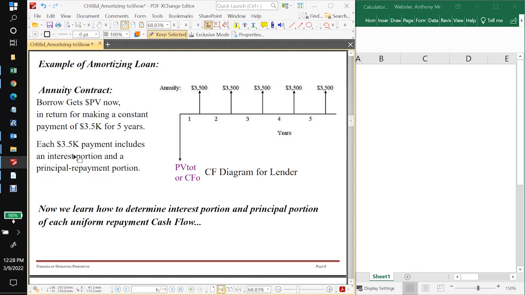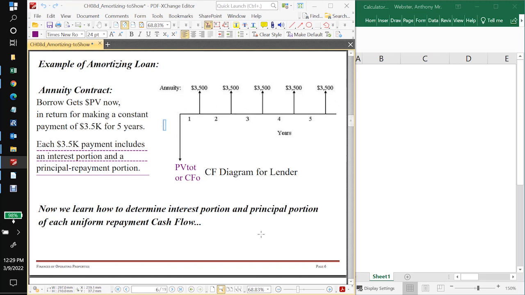And the key point here is that each of those payments now is going to include an interest portion as well as a principal repayment portion. So that's going to be really important for this type of contract. So we have interest and principal hiding in there, interest and principal hiding in there, et cetera, the same for all 5 of these repayments.